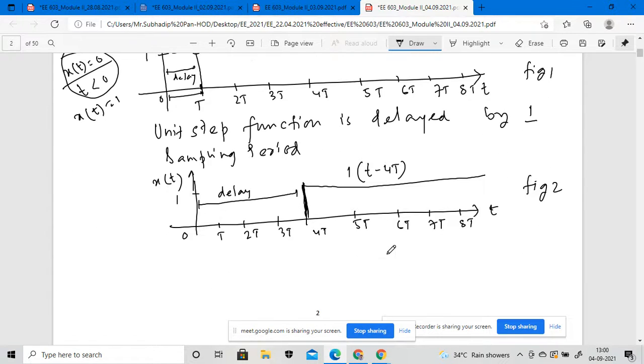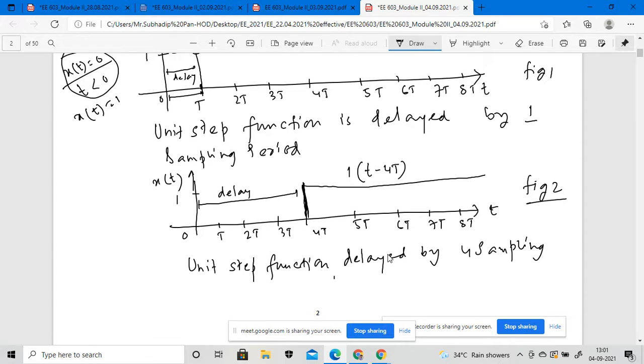But if I see figure 2, the unit step function is delayed by 4 sampling periods. From there to there the delay is 40. So that is why my unit step function will be a function of x of t.